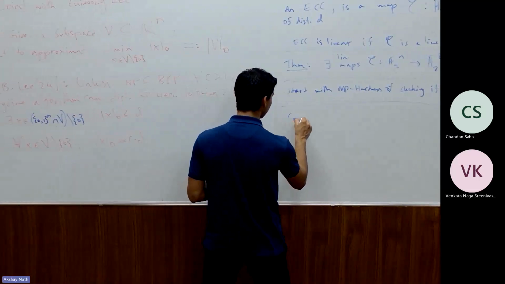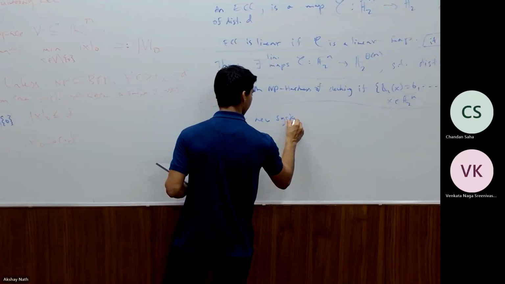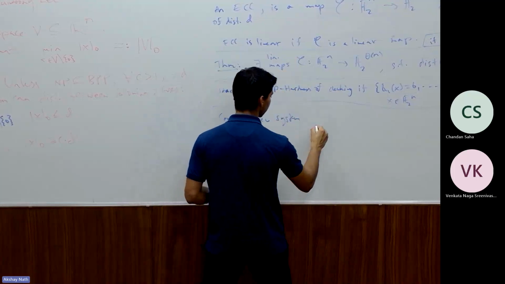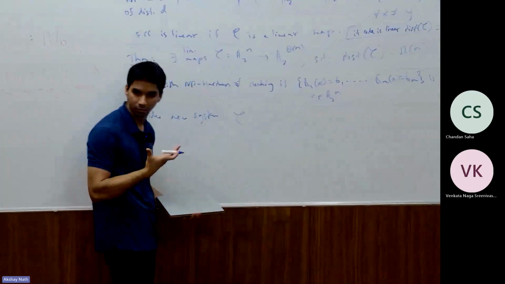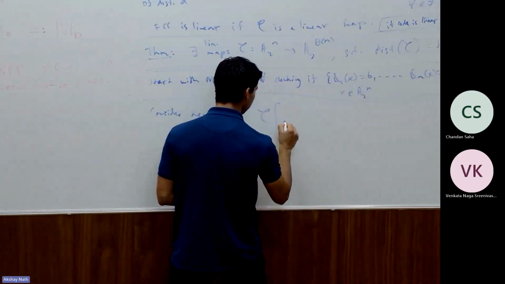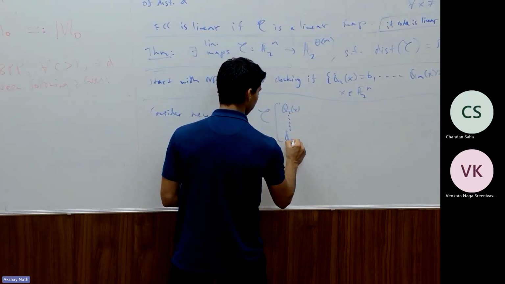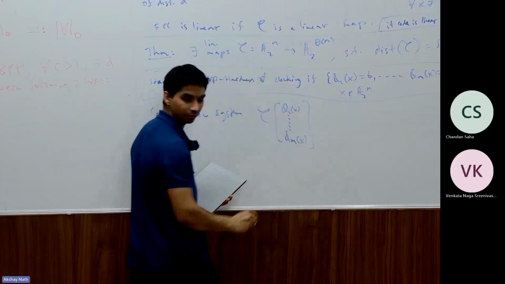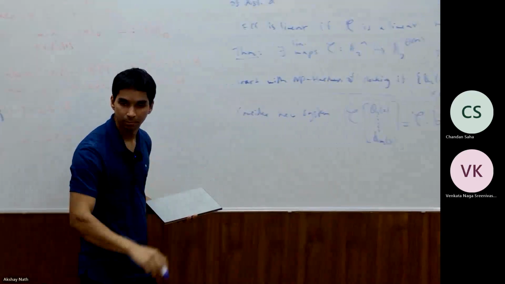And now consider a new system given by this error correcting code. You start with an instance of this original hard problem, and we are going to define a new system: the code times the vector of q1 of x through qm of x must equal the code times the vector b.